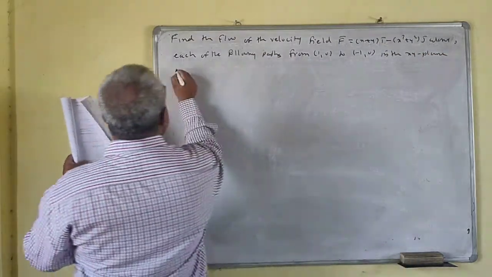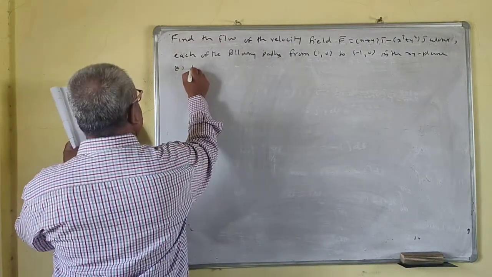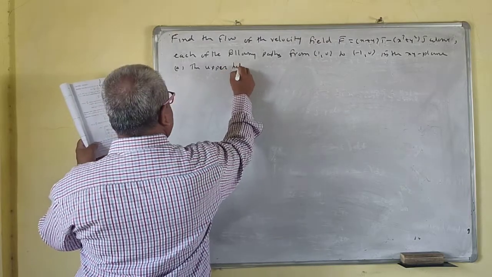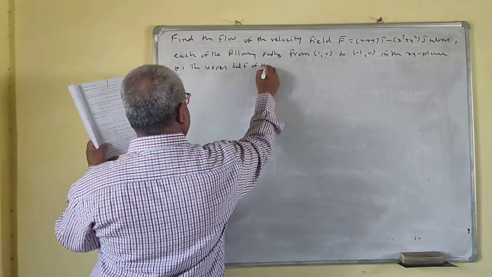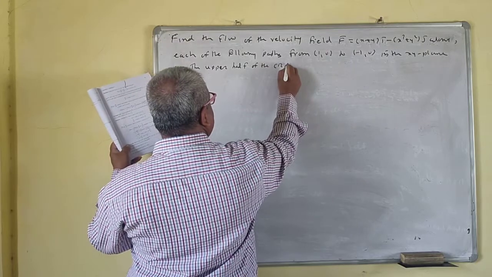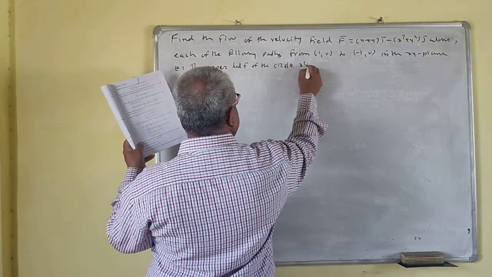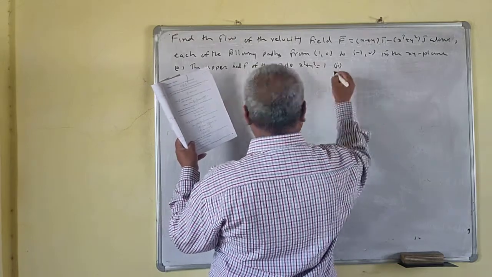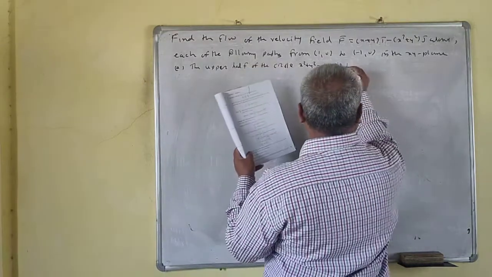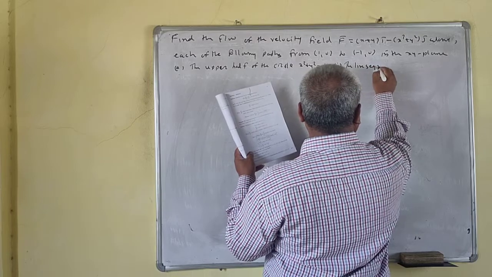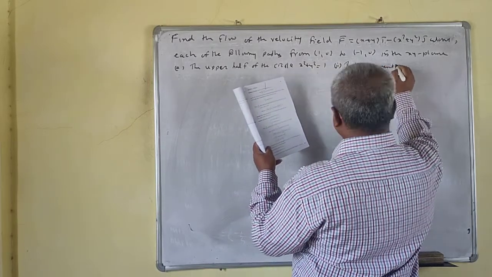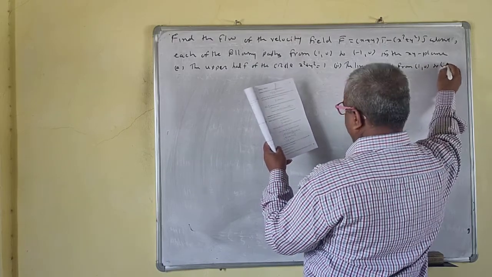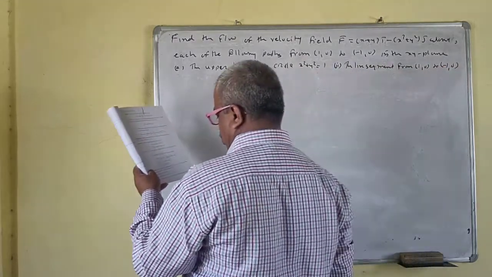First, A, the upper half of the circle x square plus y square is equal to 1. Second, B, the line segment from 1, 0 to minus 1, 0.